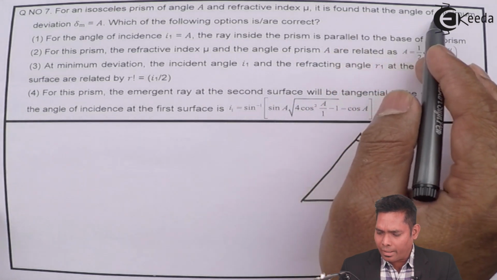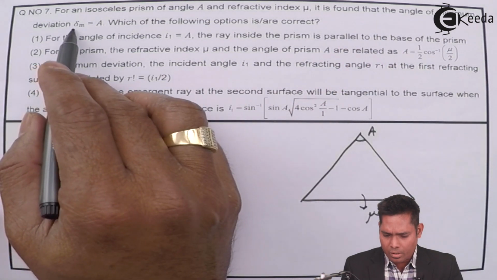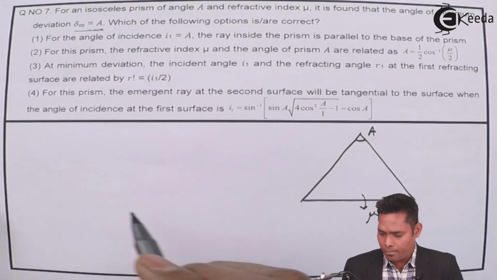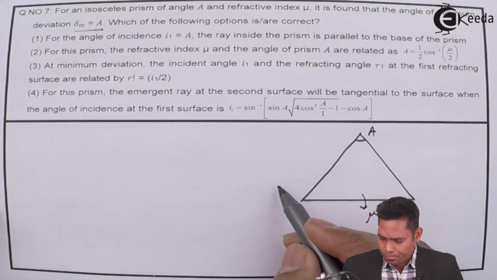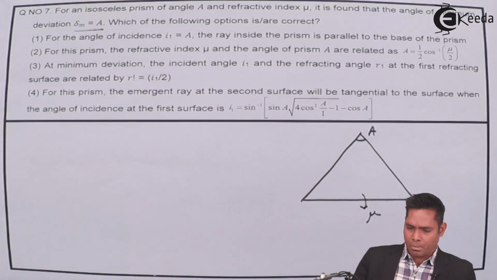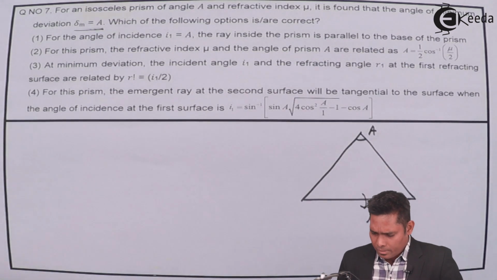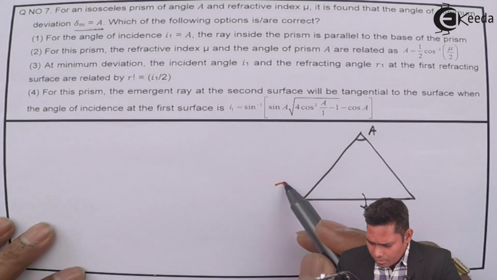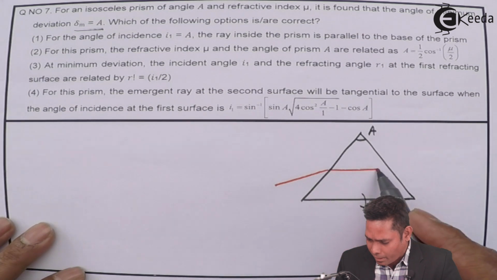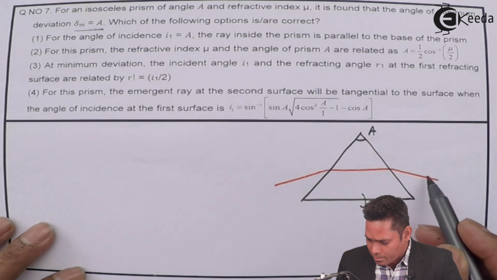It is found that the angle of minimum deviation delta m is A. So for the angle of minimum deviation, we know that the ray has to be parallel to the base.